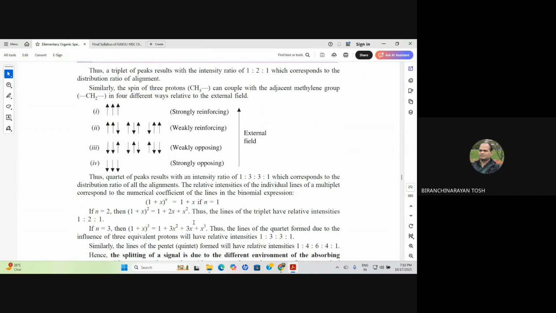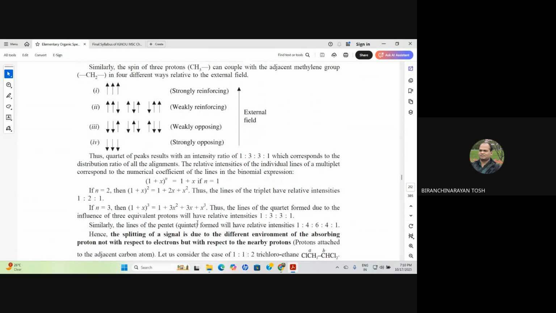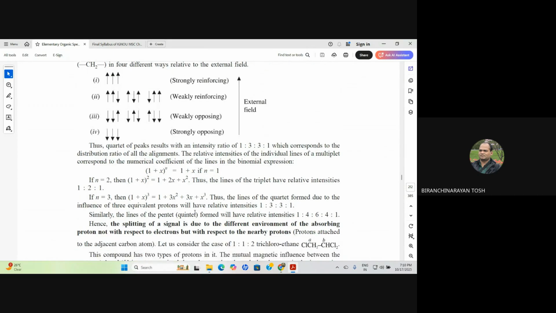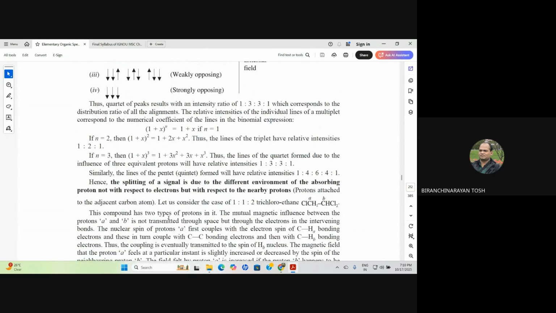If n is 4, then we'll get a quintet or pentet, whatever it may be. They will be in the ratio 1 to 4 to 6 to 4 to 1.